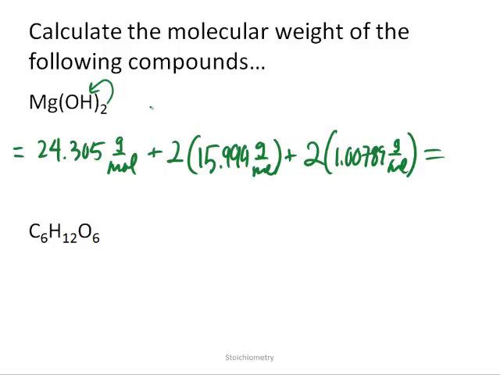And that gives us a total of 58.319 grams per mole, and that is the molar mass of magnesium hydroxide.